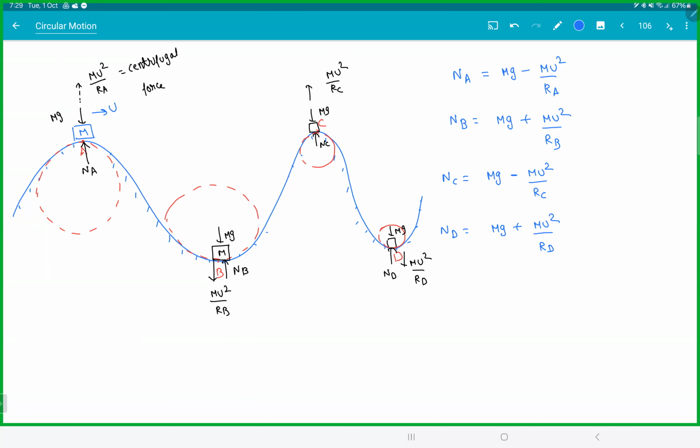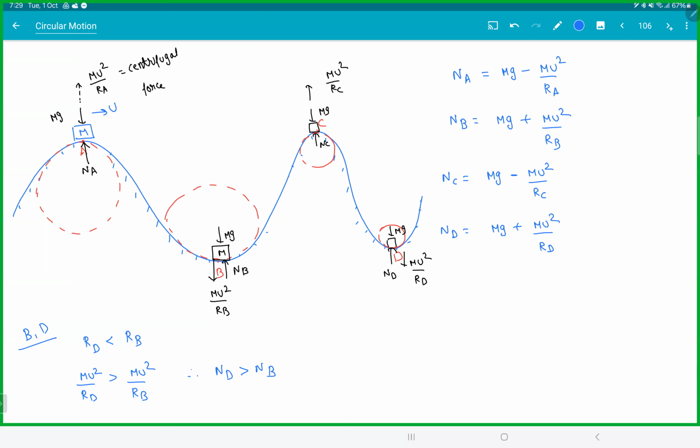Now look at this, between b and d, radius of d is smaller than radius of b. Agreed? Therefore, mu square by rd, because it is in the denominator, is greater than mu square by rb. Therefore, nd is greater than nb.